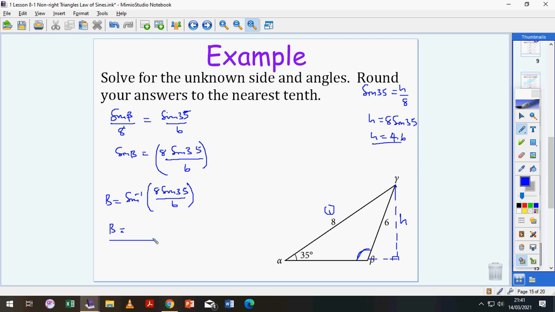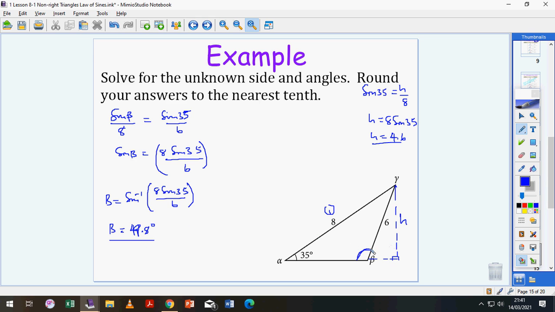I could say 50 degrees, but it's at nearest 10, so I'll go with 49.8 degrees. Okay, so this is the first part that is interesting. The angle I'm getting is 49.8, but I expect that angle to be the acute angle, right? There's no way this angle is going to be 49.8. So I need to solve for the two possible values of beta.